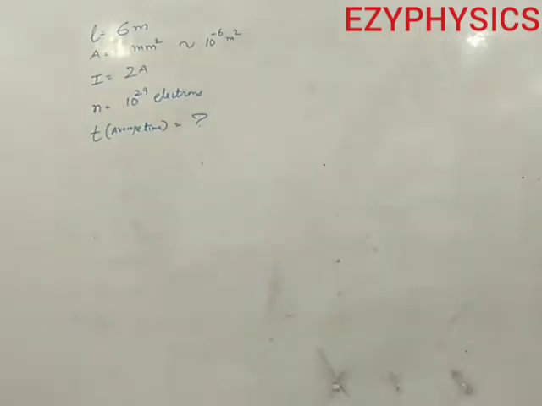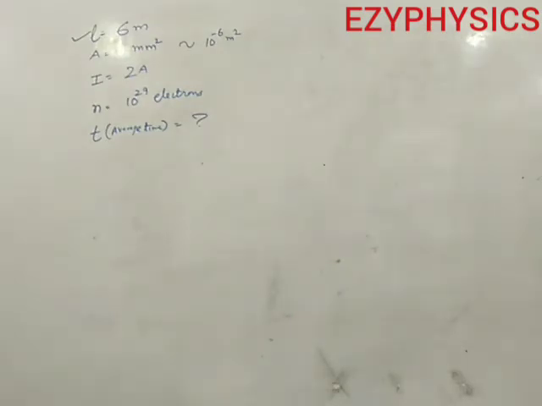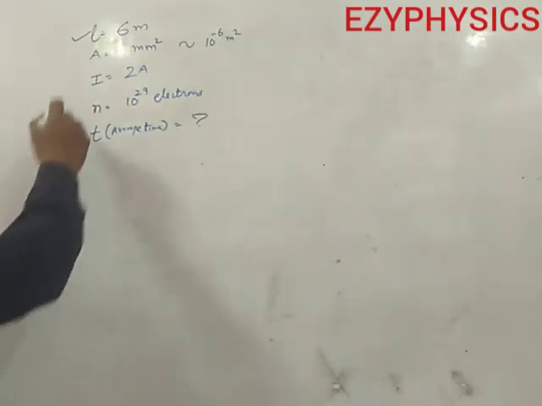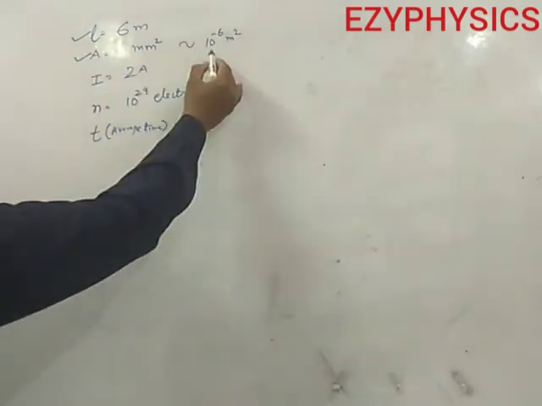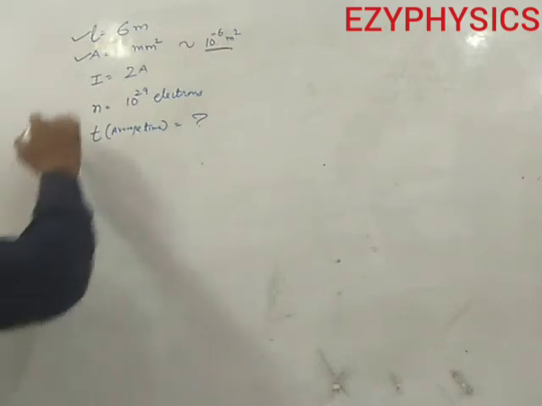Let us see. A wire of length 6 meter, and area of cross section 1 mm square, carries a current of 2 amperes.